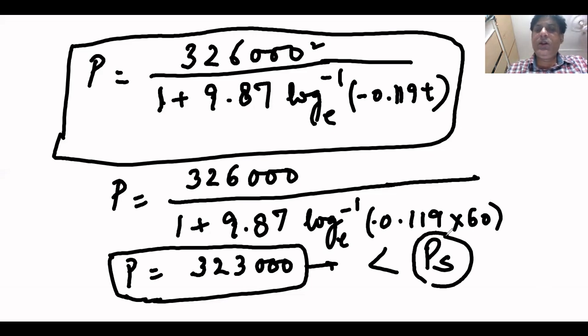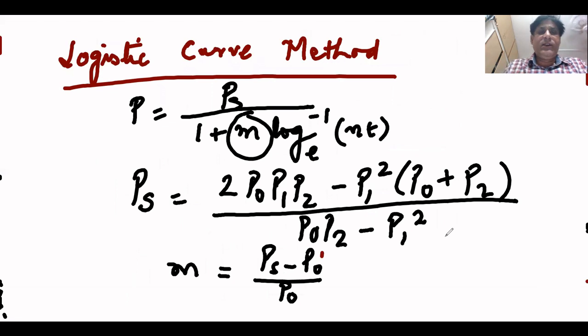So this was the logistic curve method. Let us go through it once again. The logistic curve method gives you a very simple approach towards calculating the population of a particular city when the various time slots are given. This is the logistic curve equation.